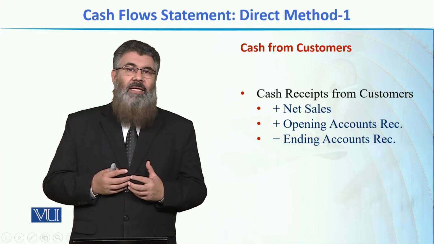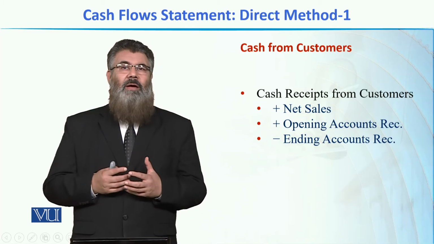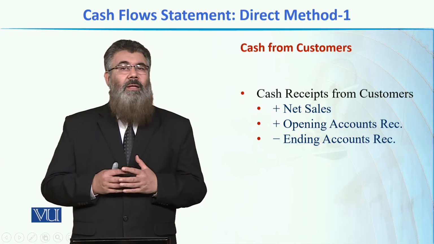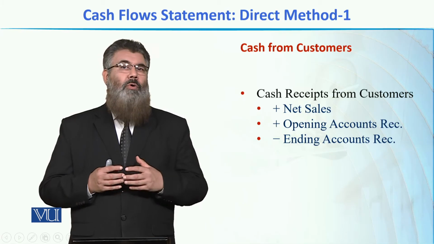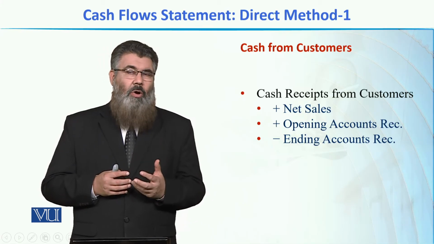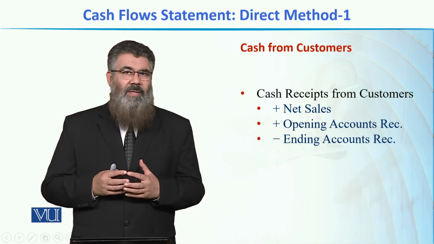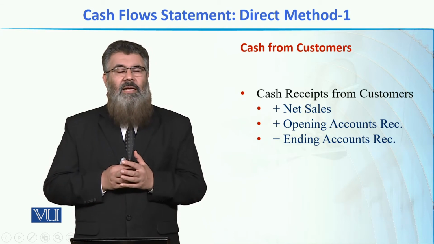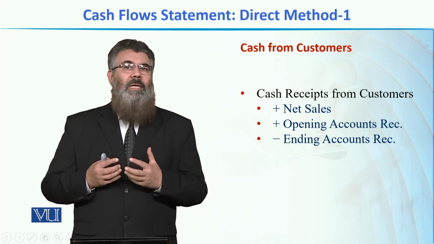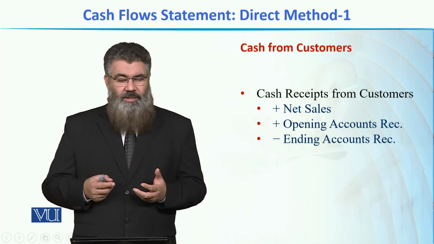So that means if there is a decrease in the amount of accounts receivable, the cash inflow will be more than the amount of sales. और अगर इंक्रीज होगी अकाउंट्स रिसीवेबल में तो इसका मतलब ये है कि हमारी नेट सेल्स पूरी की पूरी रिसीव नहीं हुई.